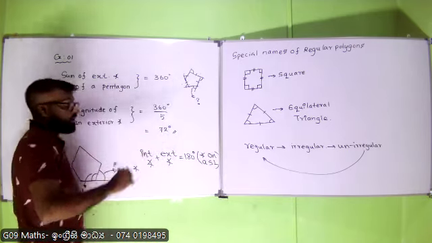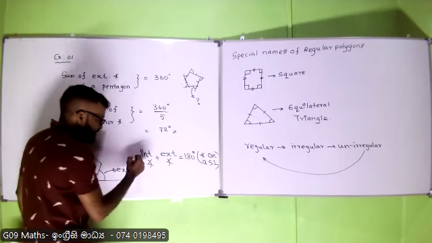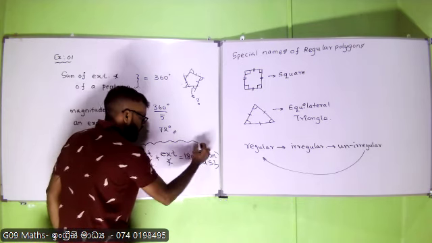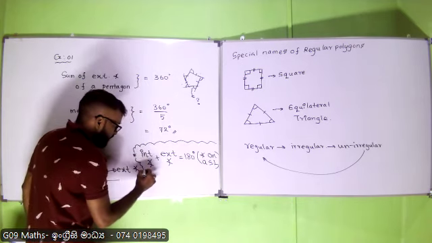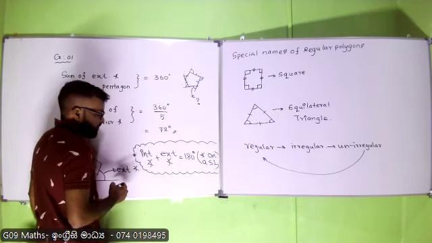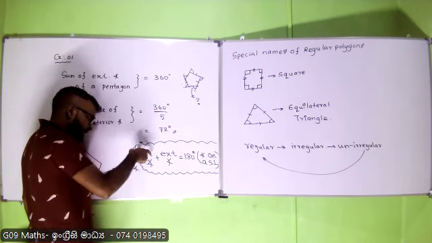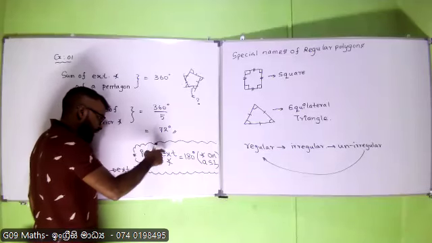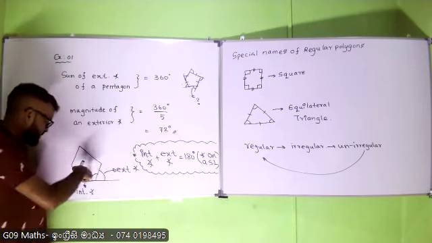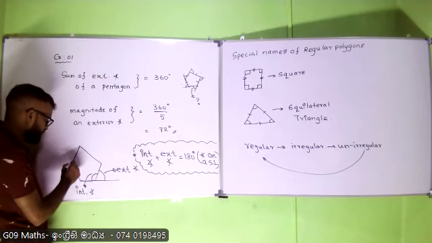This is one of the important things you need to remember: interior angle plus exterior angle equals 180 degrees for a polygon.